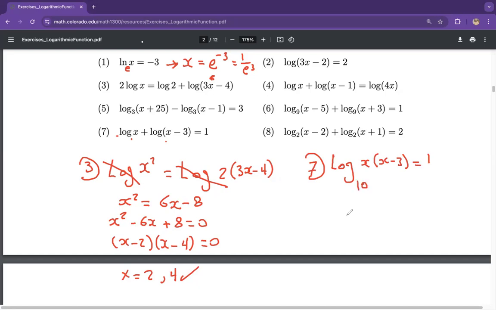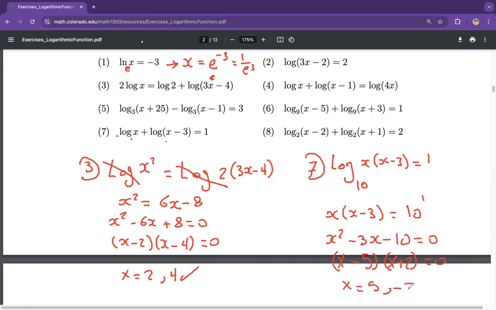The base here is 10, so x times x minus 3 equals 10 to the power of 1, or just 10. That's x squared minus 3x minus 10 equals 0. I factor these. X minus 5, x plus 2 equals 0. So therefore x equals 5 and -2.